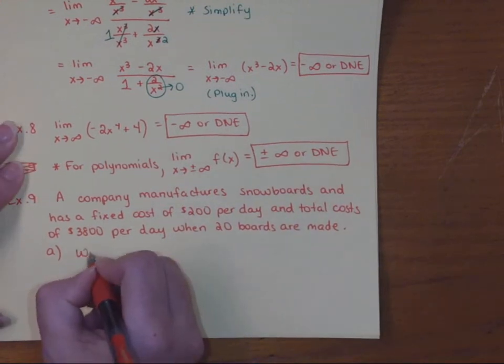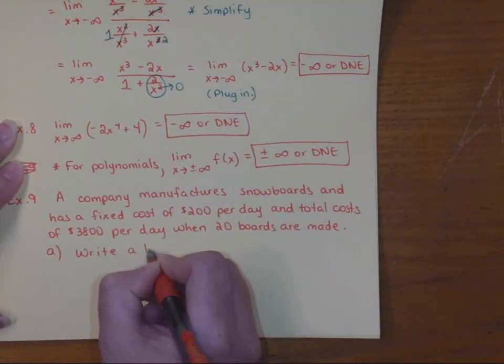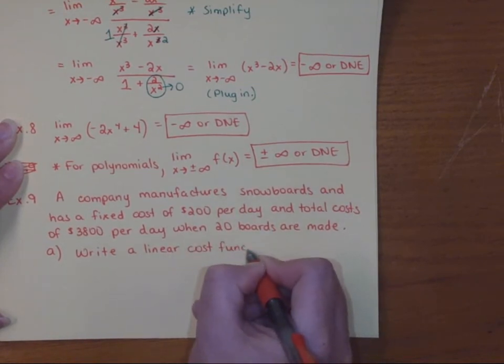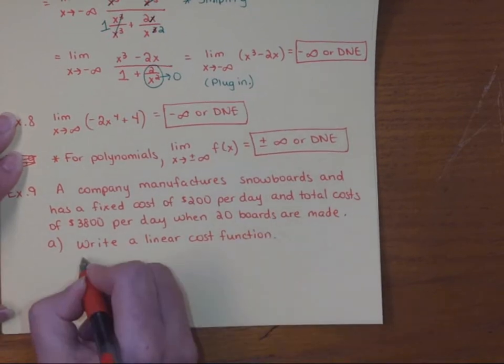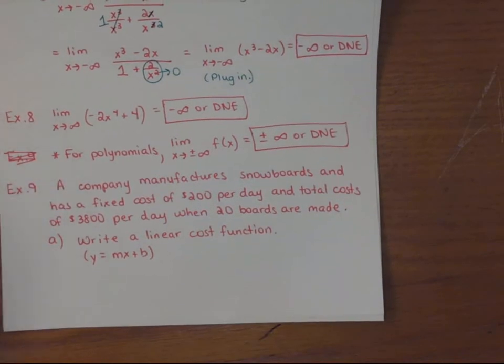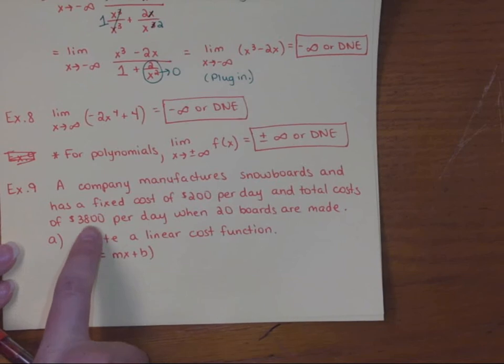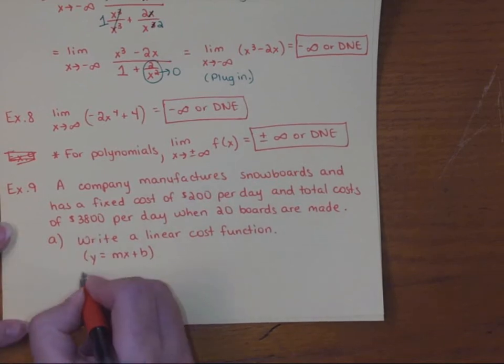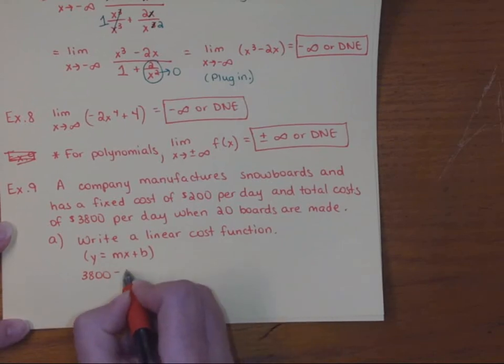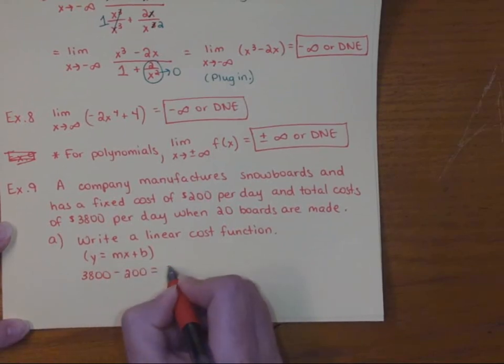So the first thing I want you to do is just an algebra review. I want you to write a linear cost function. Remember, linear functions typically look like y equals mx plus b when we're done with them. So we have a fixed cost of $200, but a total cost of $3,800. So the $200 fixed cost is going to occur no matter how many boards we make. So let's see if we can figure out what the variable cost would be.